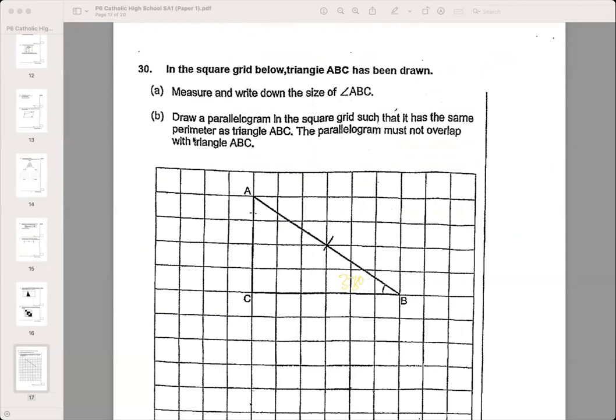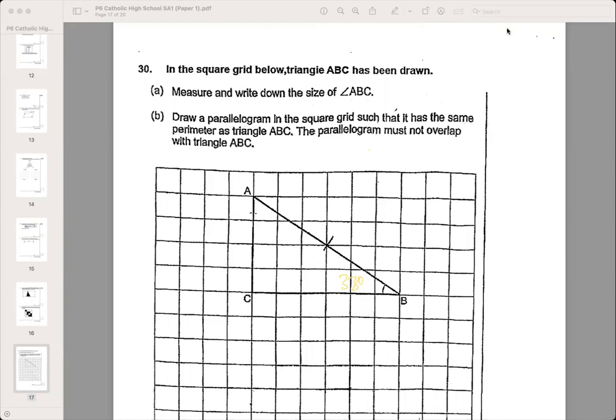But I can demonstrate to you how to draw a parallelogram in the square grid that has the same perimeter as triangle ABC. Let's try to measure the perimeter of this triangle.